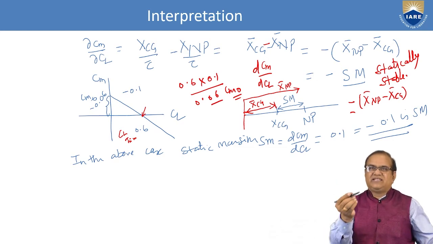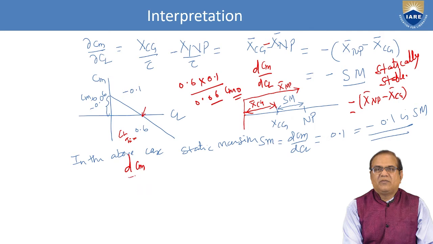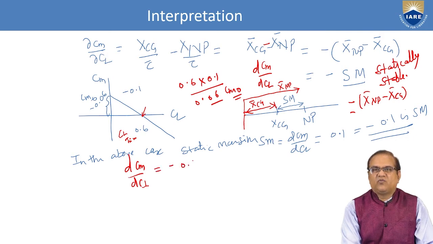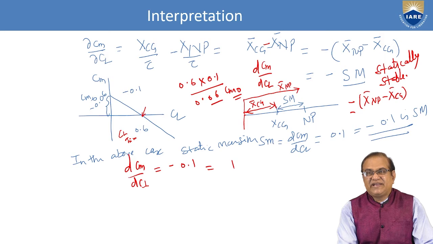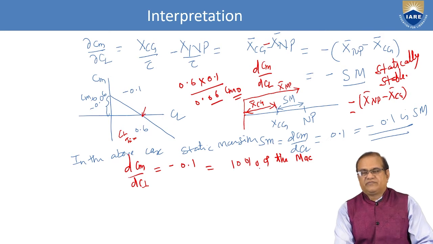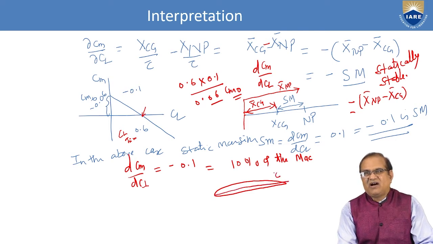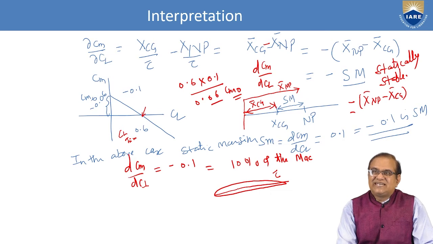In this question, we got dCm by dCl as minus 0.1. It indicates that it is 10% of the mean chord. If this is the chord, this is the airfoil, and this is your C bar, it will act at 10%.